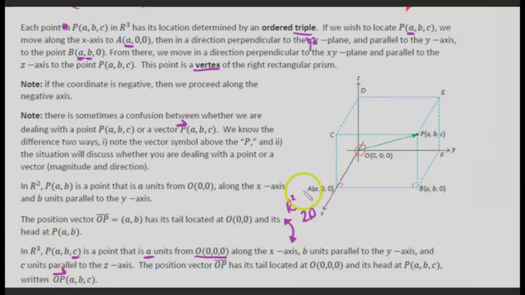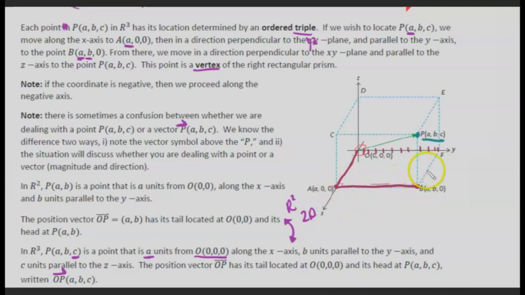Okay, in this diagram, we can see that if we have point ABC, which is right here, and do this in a better color, let's go red. Okay, we moved A units along the x-axis to A, then we moved B units. It's basically along this y-axis. That's where we're going, but because we already moved to A, we just stay out here.